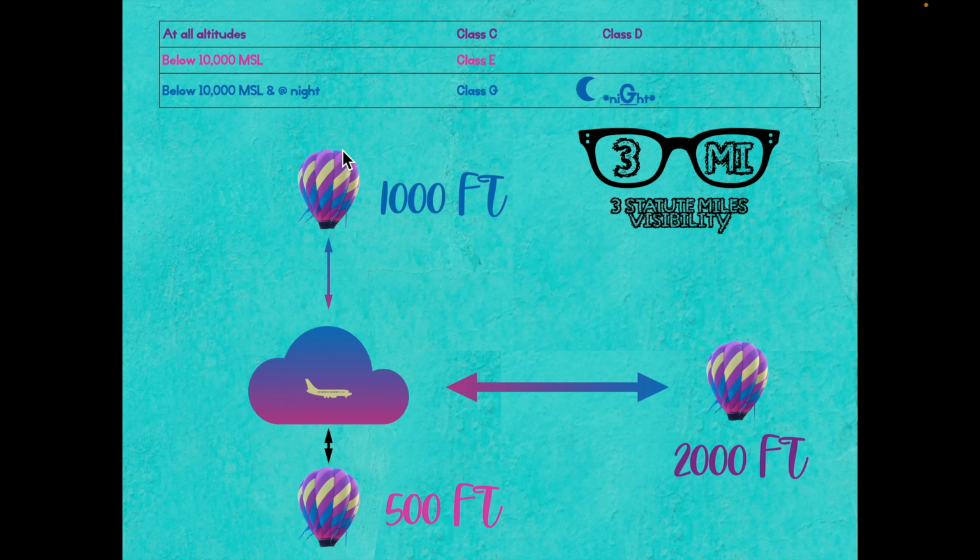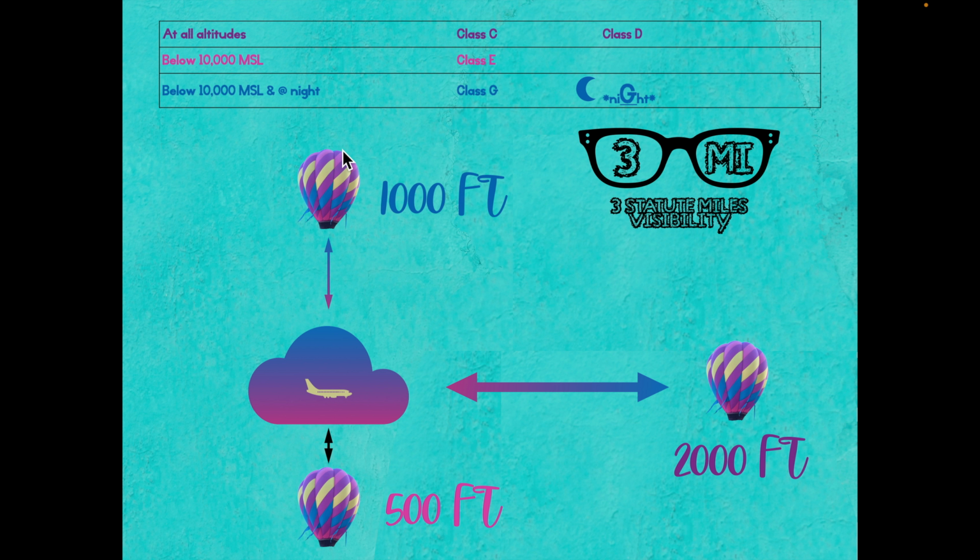Yay, it is. Okay, so I made this visual because A, it's my balloon and it helps me to think, and B, it helps me to see what it is for these rules.